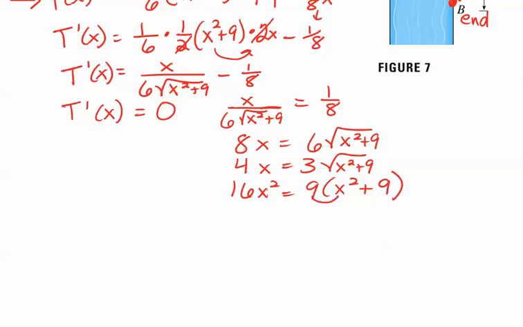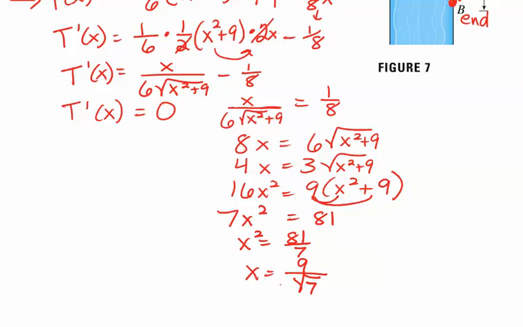All right, so now we have a 9x squared. Let's bring that to the other side. And we have an 81. So x squared is 81 over 7. So x could algebraically be positive or negative. Square root of 81 is 9. Square root of 7 is square root of 7. We would have plus or minus, but here x is the distance.